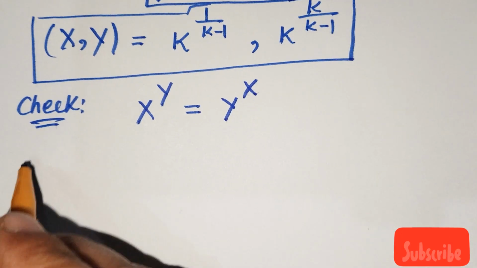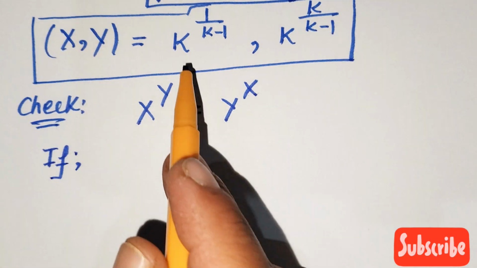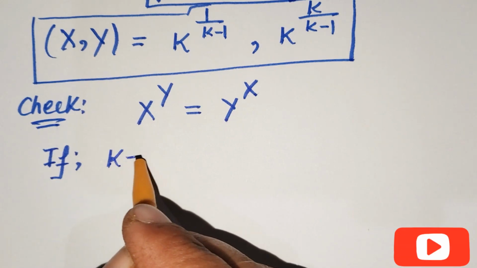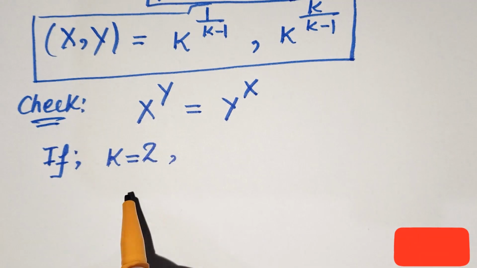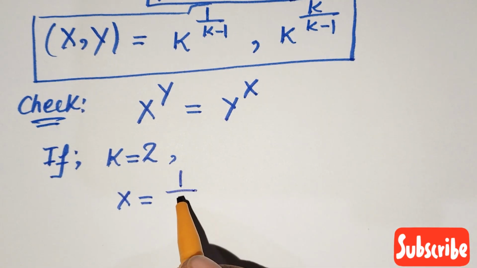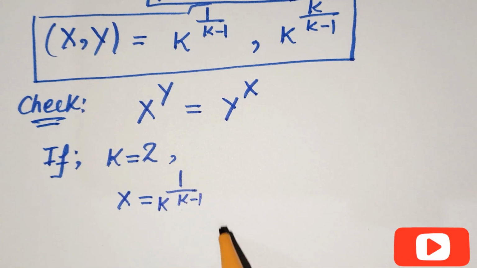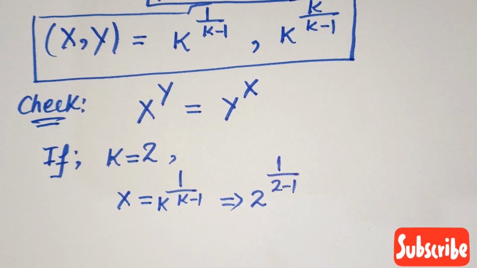Let's say k is equal to 2. Then the value of x is k raised to power 1 over k minus 1. Putting the value of k, which is 2, x is equal to 2 raised to power 1 over 2 minus 1.